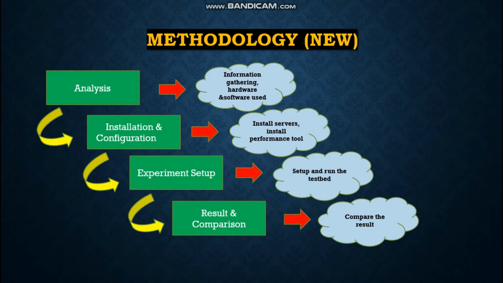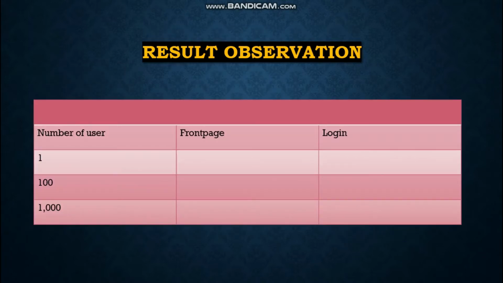The last one, but not least, is result and comparison. The results that I get, I will sort and compare to find out which server is better in performance. This will be my result observation table.